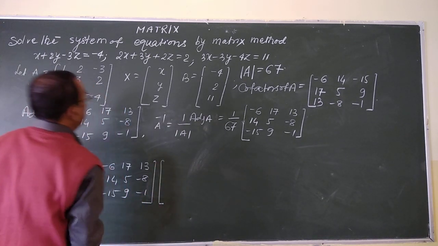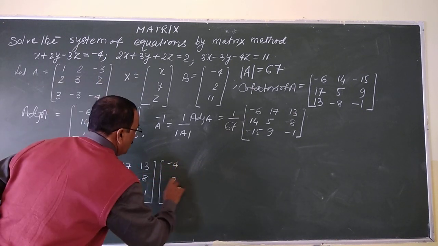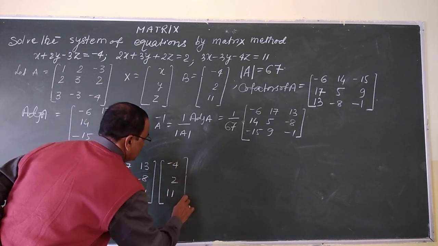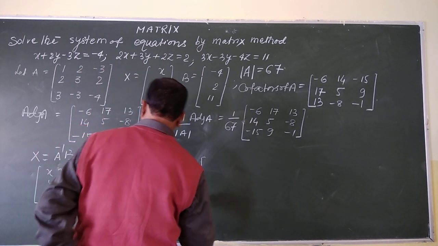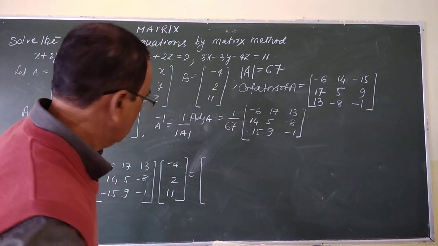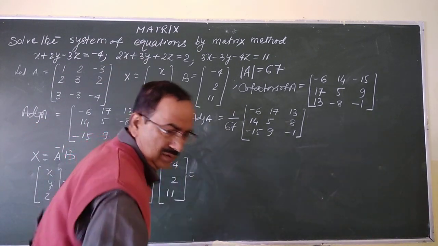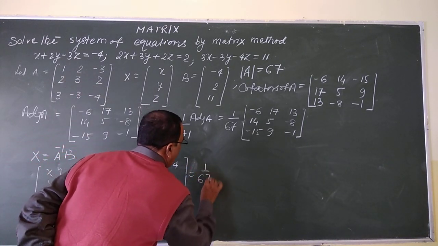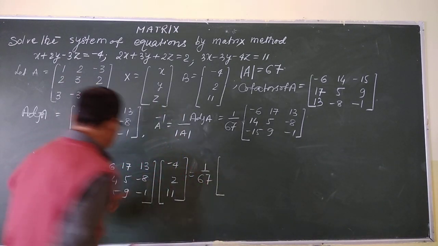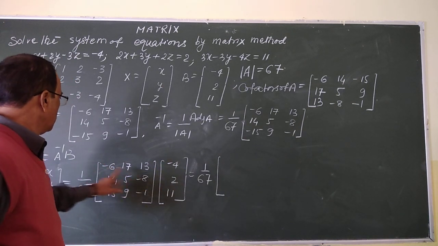And B is minus 4, 2, 11. The first matrix is 3 cross 3 and this matrix is 3 cross 1. So multiplying, we take this row with this column.